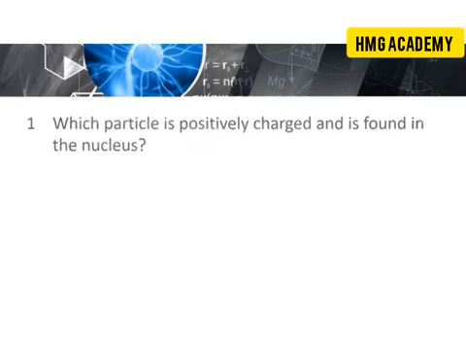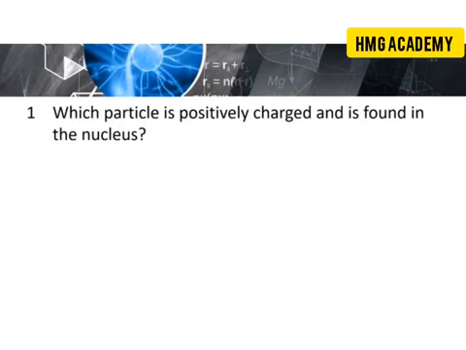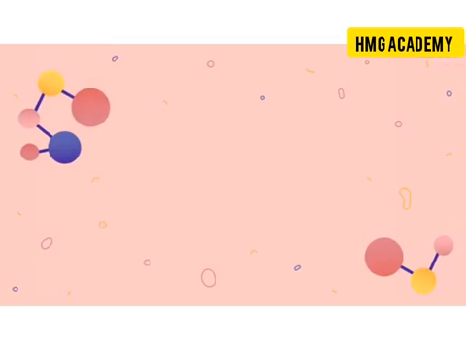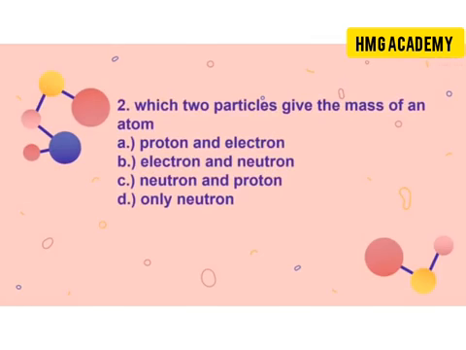Question 1. Which particle is positively charged and is found in the nucleus? A. Neutron. B. Electron. C. Shell. D. Proton. Question 2. Which two particles give the mass of an atom?